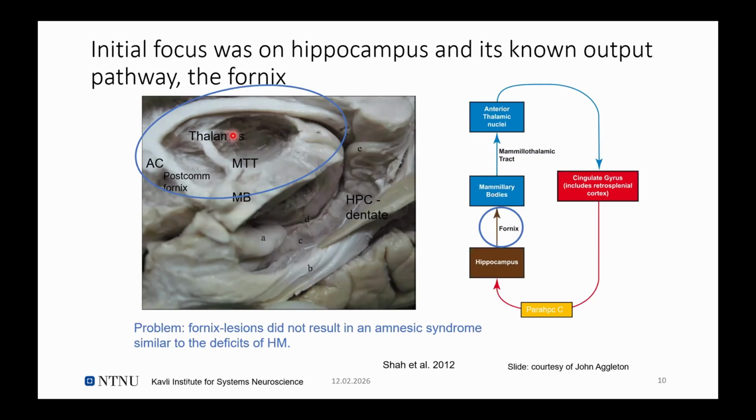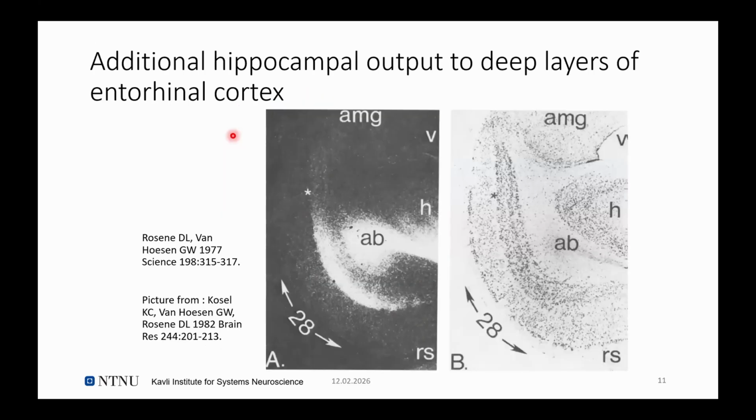Then the story developed because a series of papers from groups at Harvard and MIT showed that there was a connection from the hippocampus directly into the entorhinal cortex. This is an image taken from this paper here in Science. It was a collaboration with Deepak Pandya, Gary Van Hoesen, and Doug Rosene.